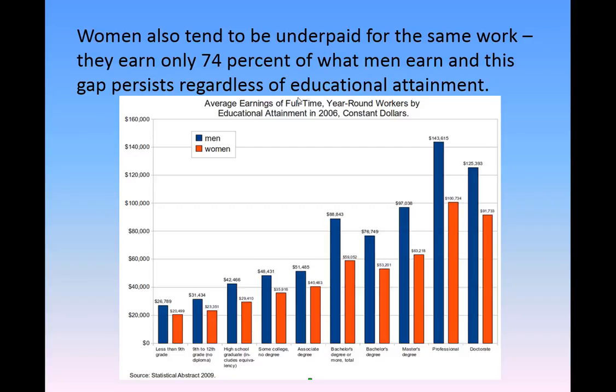Even when you look at initial placement right out of university, whatever the level of education, they tend to make less money, even doing the same kinds of jobs. Some of this can be explained by women taking time out of the workforce to have children, but even considering that, you can't explain it all away as fair and legitimate.